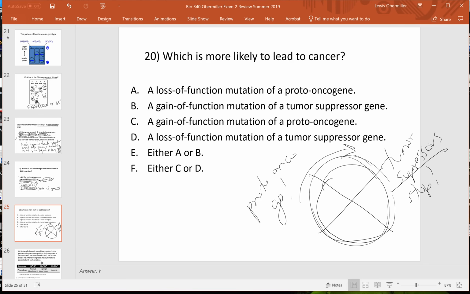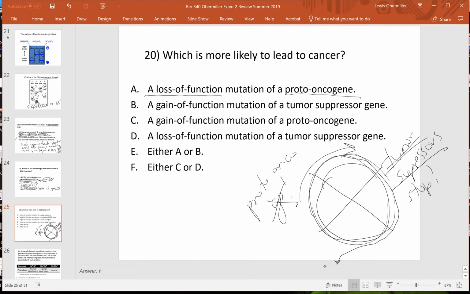If we went through the cell cycle, you would get more and more tumors. So if our proto-oncogene lost its function, then it would no longer have the cell cycle go, right? So we wouldn't get more cells made, because every time we make a new cell, we have to go through the whole cell cycle. So that's not right.